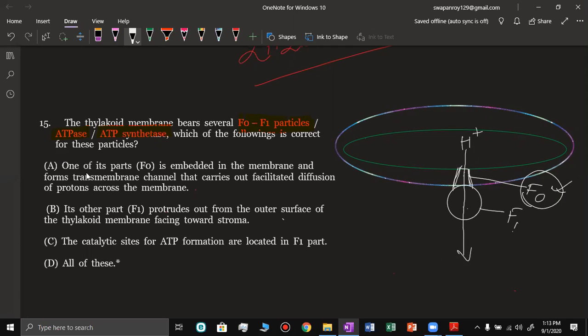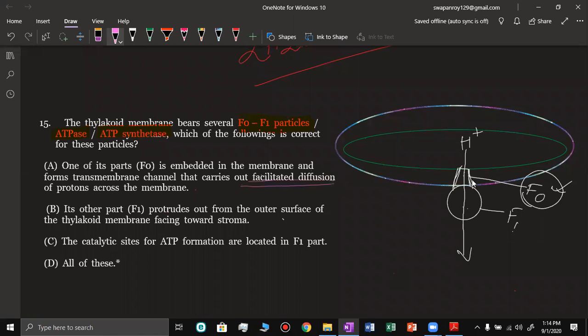So this is correct, that one of its parts, F0, is embedded in the membrane and forms the transmembrane channel that carries out facilitated diffusion.